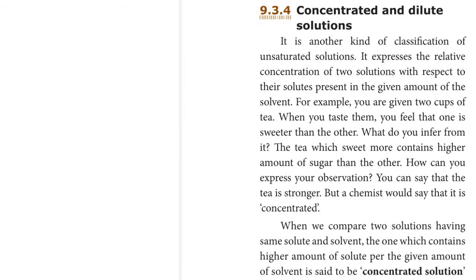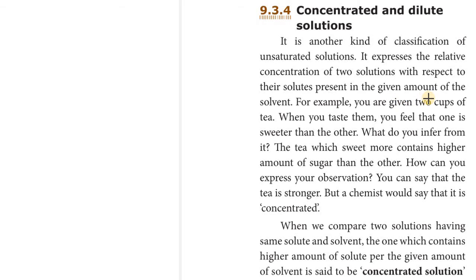Okay, you see the next concept is that of concentrated and dilute solutions. This is yet another way of classification of the unsaturated solutions. Remember this. Basically, we are trying to express the relative concentration of two solutions with respect to the solutes present in a given amount of solvent.